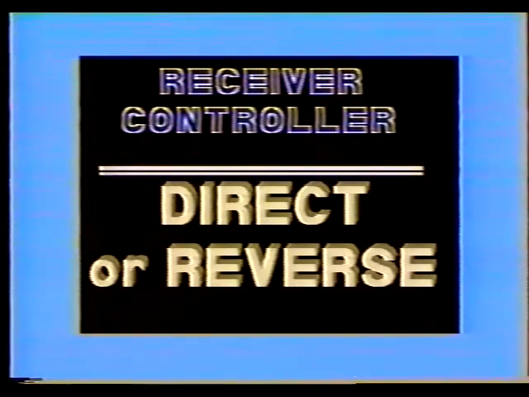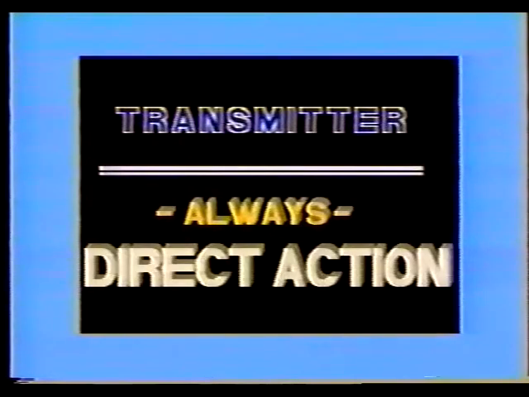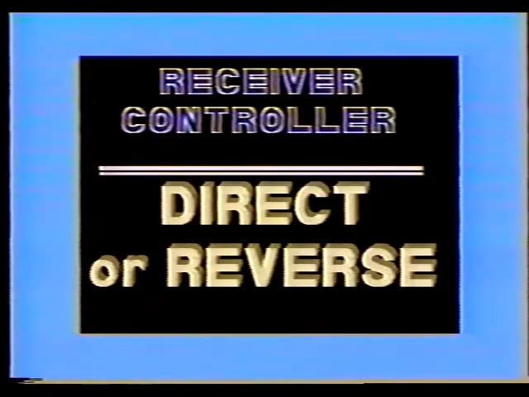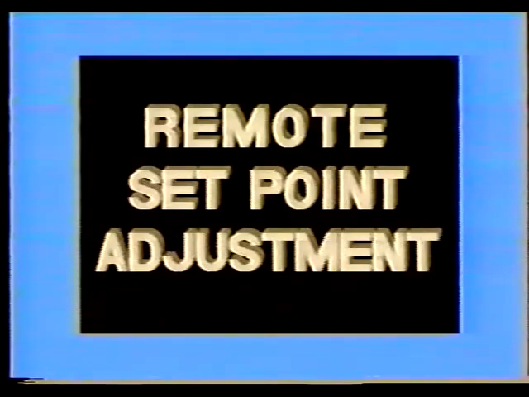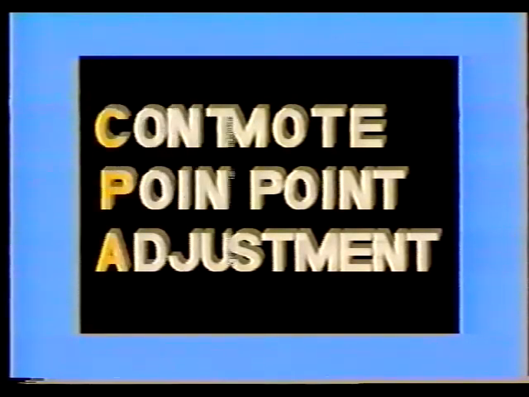The receiver controller can provide either a direct or a reverse acting output in relation to the sensed variable. It should be noted that the transmitter is always a direct acting device, and the receiver controller itself provides the proper action.